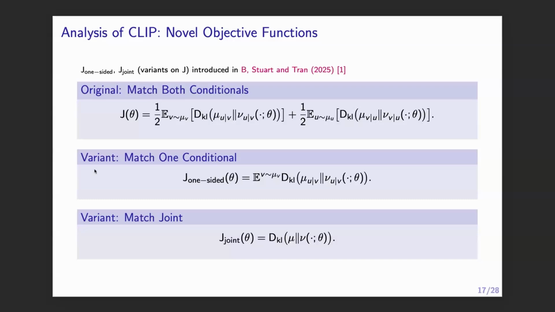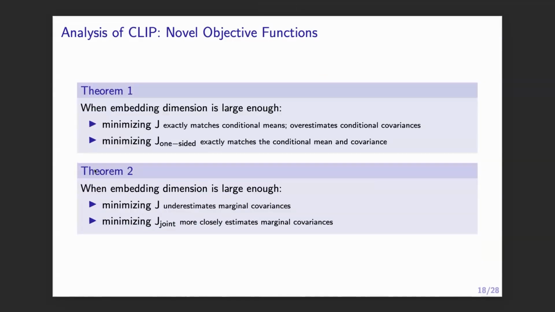And when I first looked at this problem, the thing that was most natural to me was not to just match the conditionals, but to try to match the joint distribution. I just want to write in words what we show: when ignoring the aspect of having a low embedding dimension, if you minimize this one-sided objective, you can actually match the conditional mean and the variance of the conditional that you're targeting, unlike the original objective.